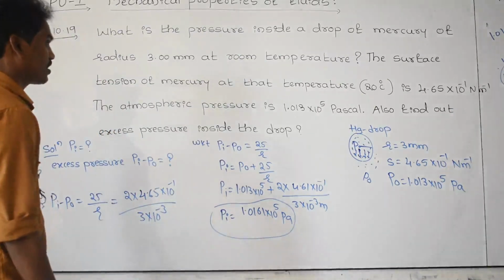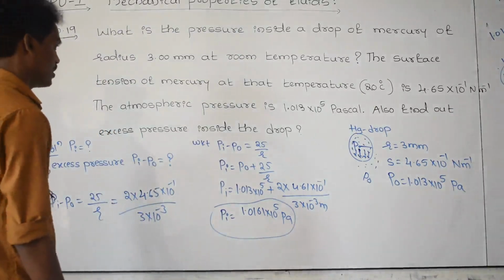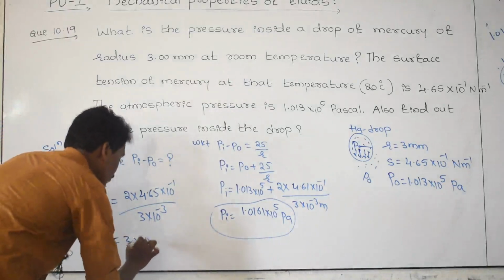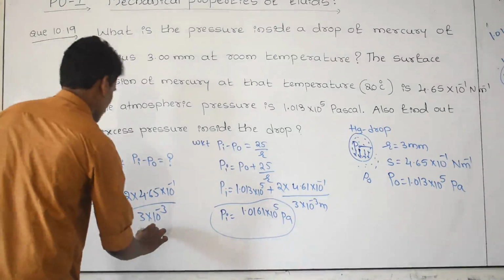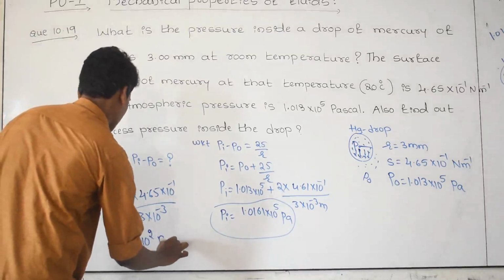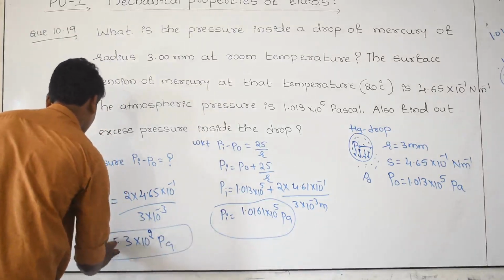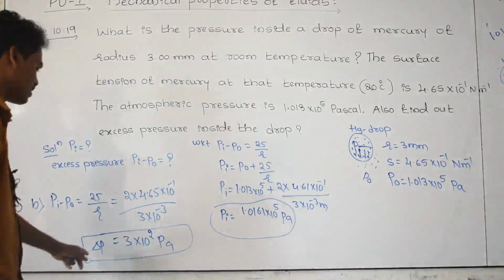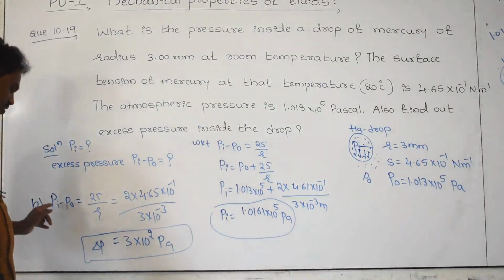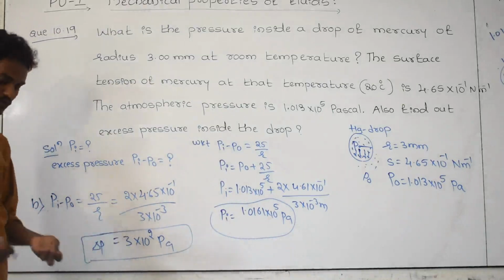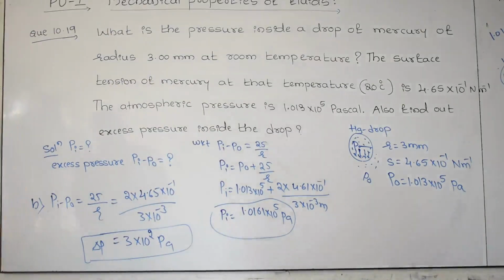Check the answer, you are getting that excess pressure is equal to 3 into 10 to the power of 2 Pascal. This is the excess pressure. The excess pressure is also indicated as delta P, the change in pressure, inside minus outside. Check the answer yourself.